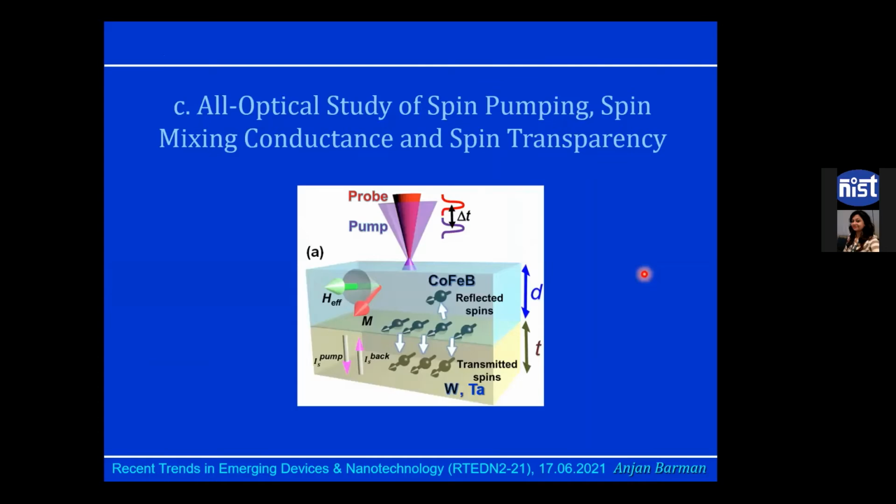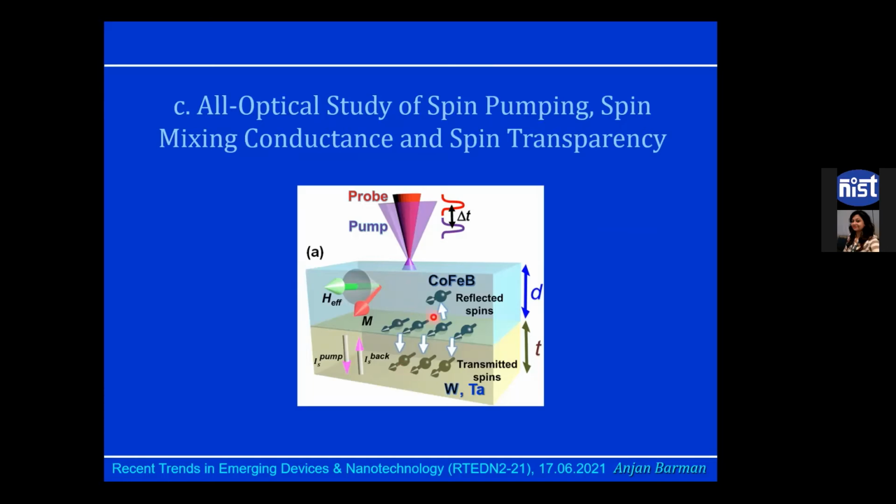So we found out that tungsten gives rise to a very high spin Hall angle. And now we try to see what would be the interface spin transparency. And for that, we'll do the spin pumping experiment. We know that spin pumping is an effect where, if you induce a precessional dynamics in a ferromagnet, the adjacent non-magnet will have the spin angular momentum transferred from the ferromagnet to the non-magnet.